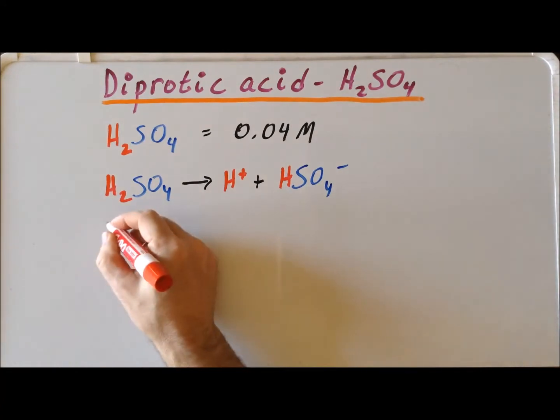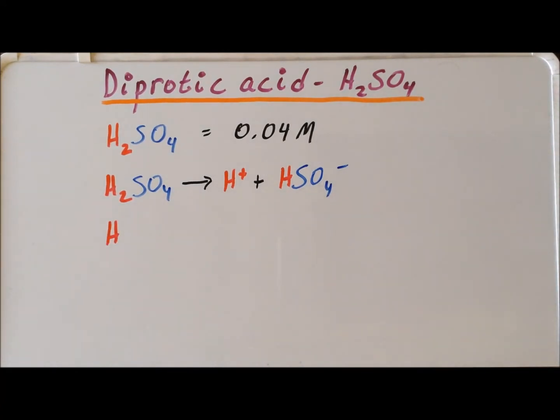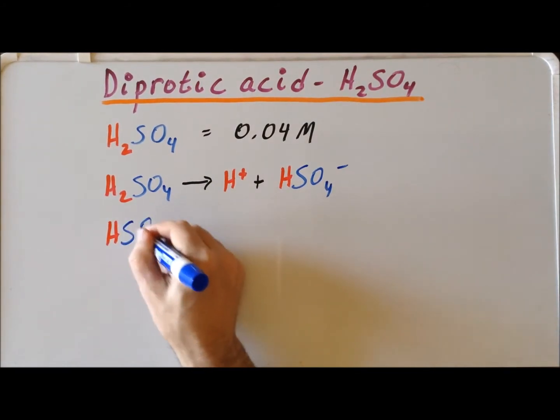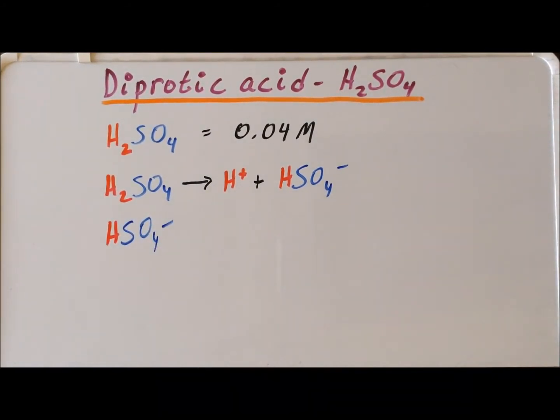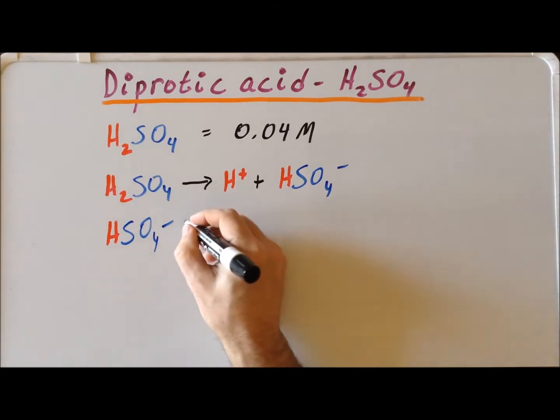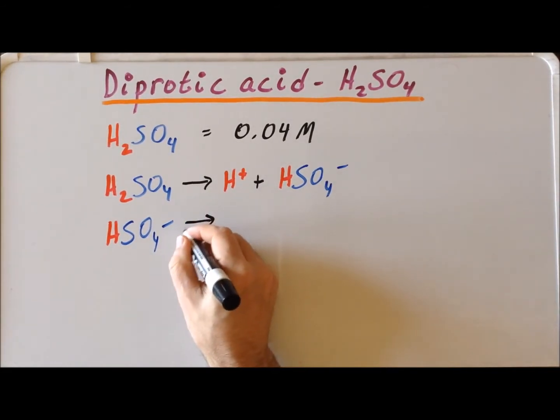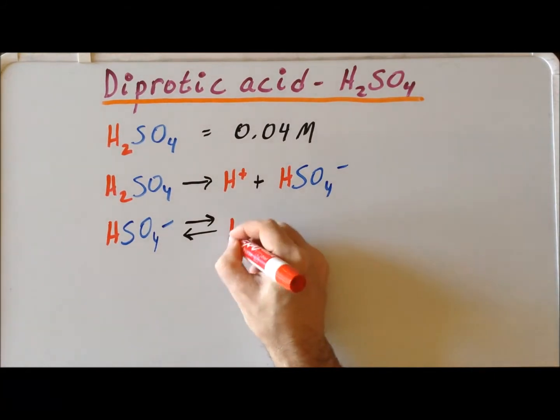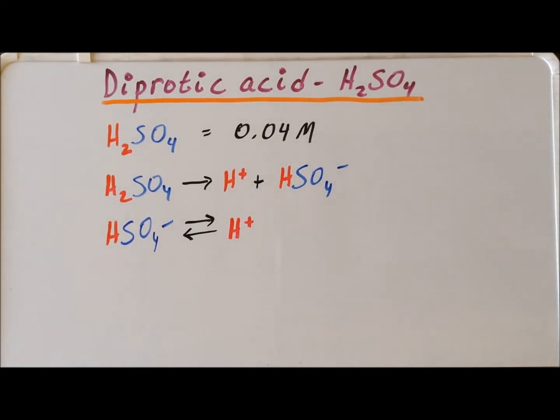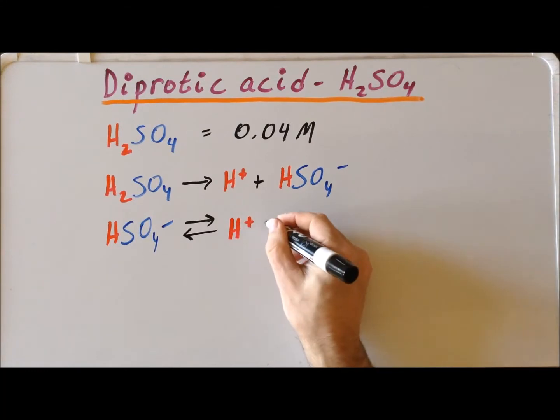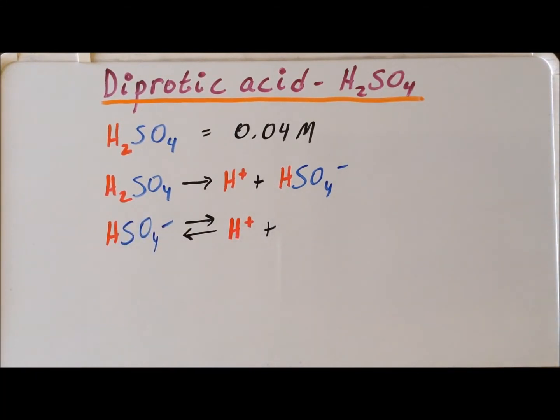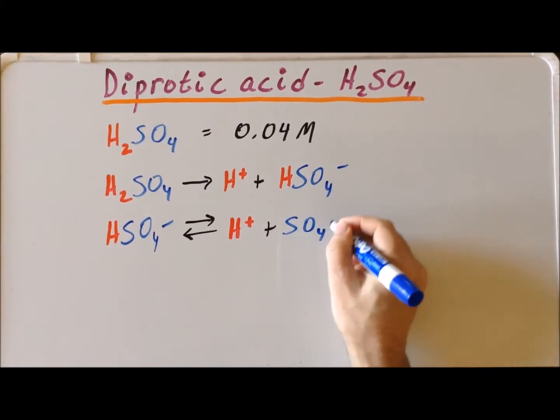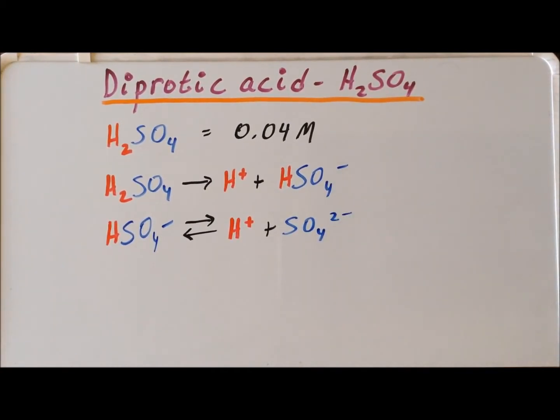In aqueous solution, bisulfate ion, HSO₄⁻, also has acidic properties, and it gives up one more proton, and the conjugate base for bisulfate is going to be the sulfate ion, SO₄²⁻.